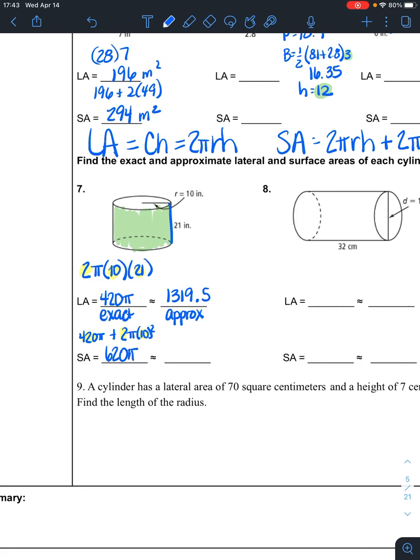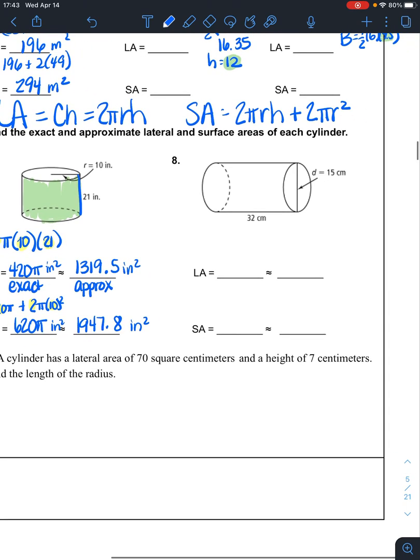Okay, and then if you type that all out, 620 times pi is 1,947.787445, but I'm just going to round because they're not going to be exact. It's just approximate is good enough. Okay, and those are all inches squared.